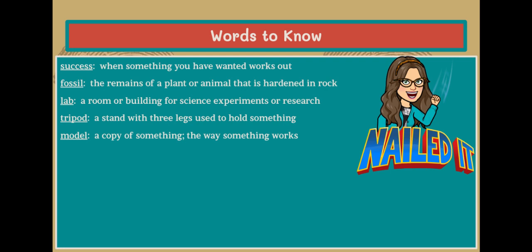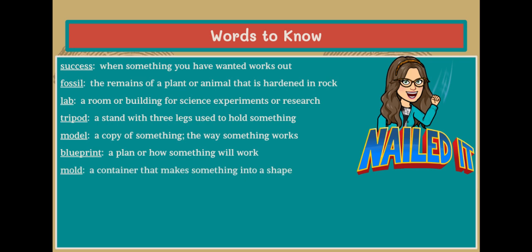A model is a copy of something or the way something works. A blueprint is a plan or how something will work. A mold is a container that makes something into a shape, not like mold that grows when it's moist outside, but mold as in a container.